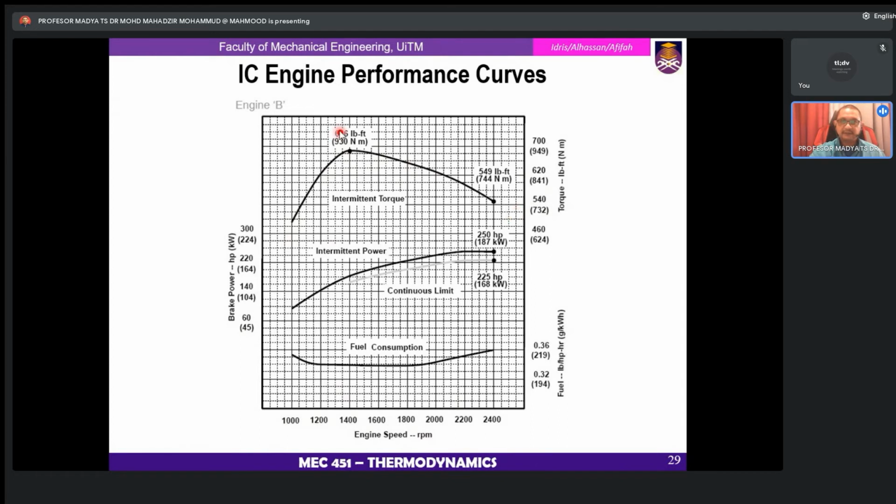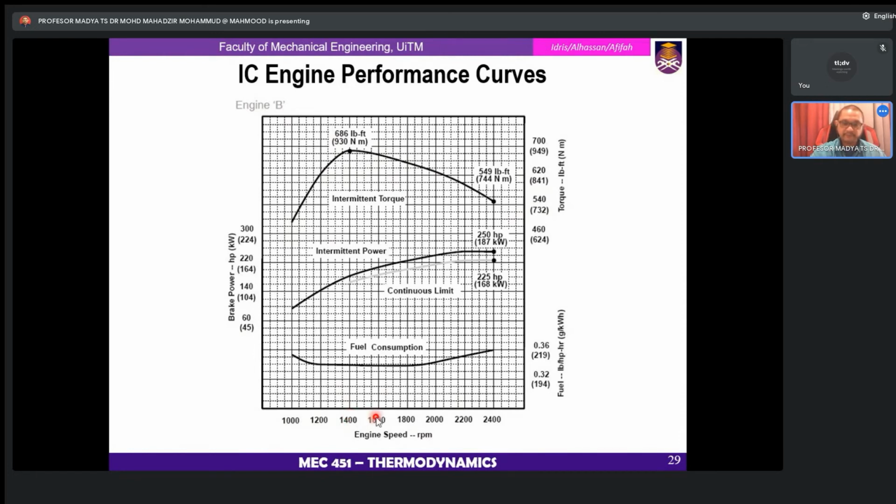This is for engine B, the type of engine B. The maximum torque is 930 Newton meter at 1400 RPM.